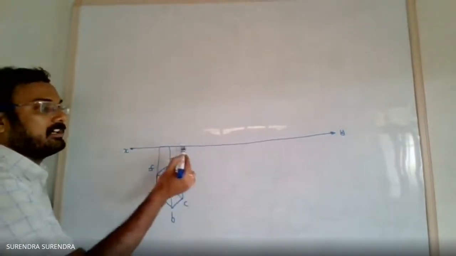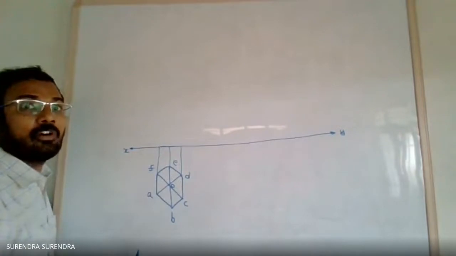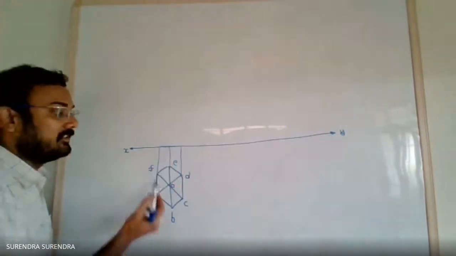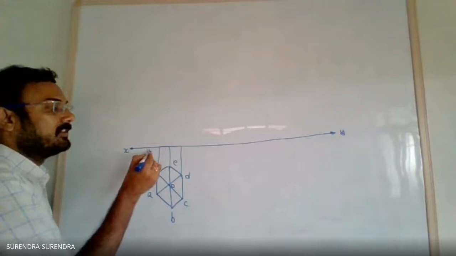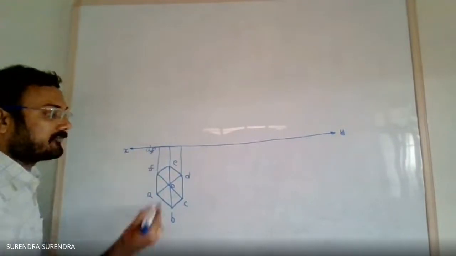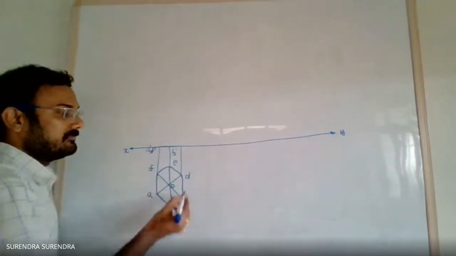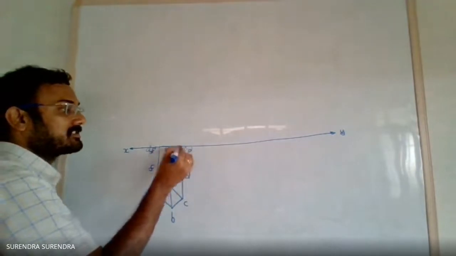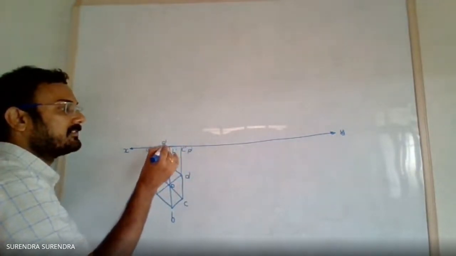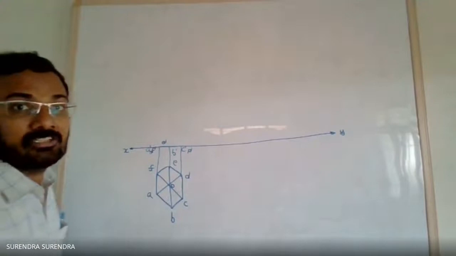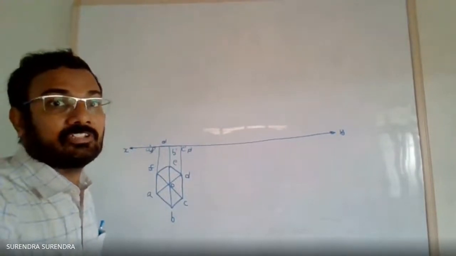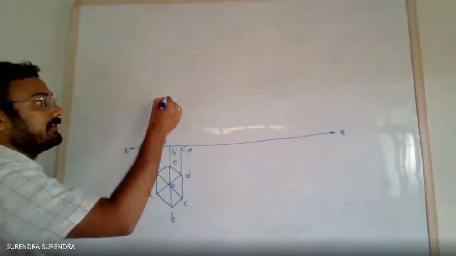So draw the base on the horizontal plane, base on the xy line. What are the points? A dash, F dash, B dash, C dash, D dash and E dash. Now draw the axis for the given height.